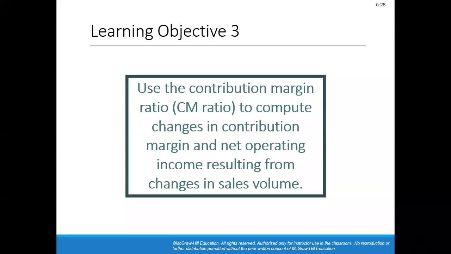This is a new concept, contribution margin ratio, in terms of the term we have coined today, but the things are related to what we discussed earlier.